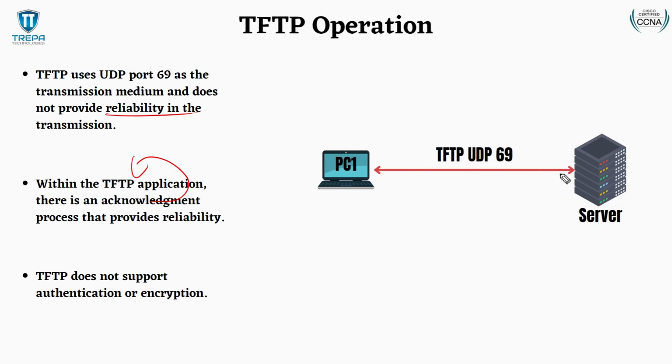Within the application, there is going to be some verification that goes on. TFTP also doesn't support authentication or encryption. So TFTP across the WAN is kind of dangerous, especially if you're not encrypting your packets via something like IPsec or TLS SSL, VPN. That TFTP data transfer is going to be completely plain text.